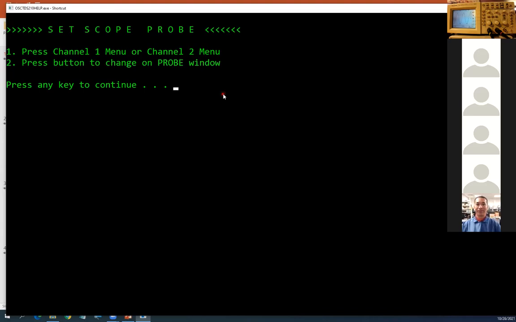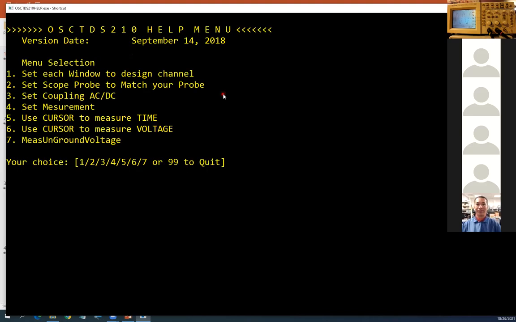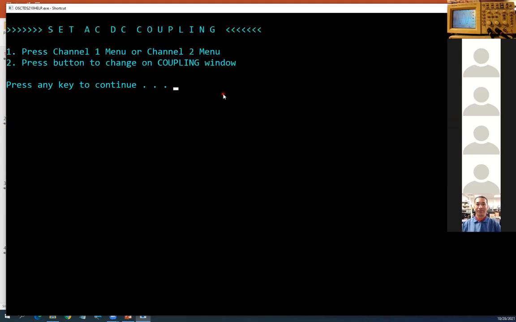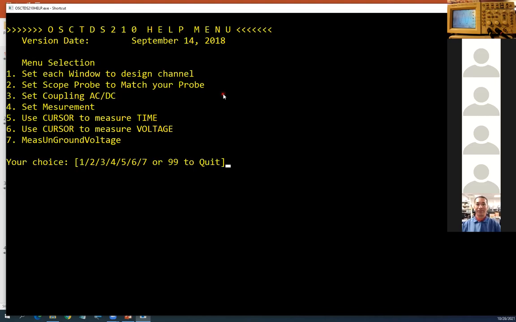You want by 1 or by 10 or whatever. Then number 3, you have to set AC-DC coupling. It tells you to press channel 1 menu or channel 2 menu, then press the button to change the coupling window. You want DC or AC.